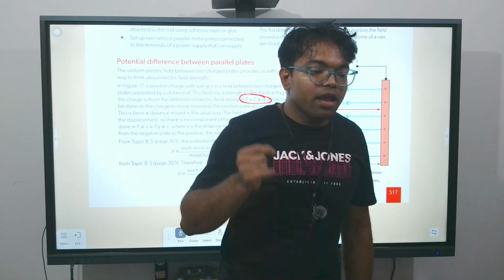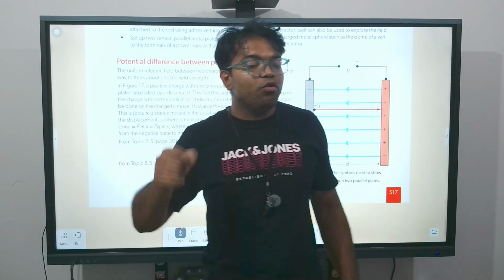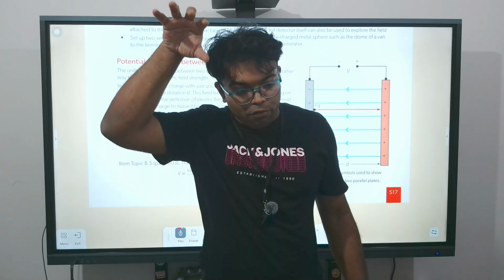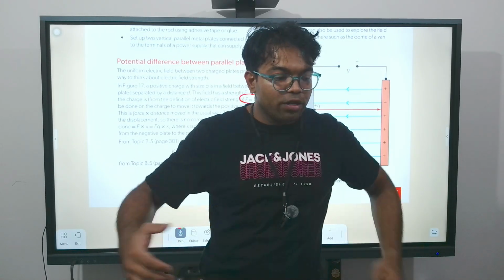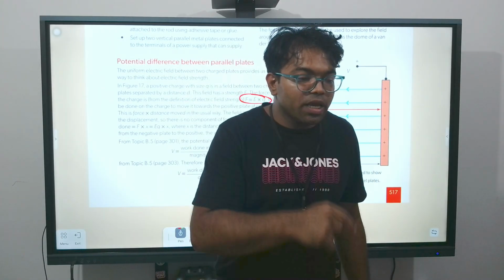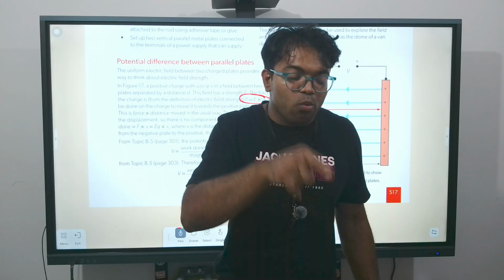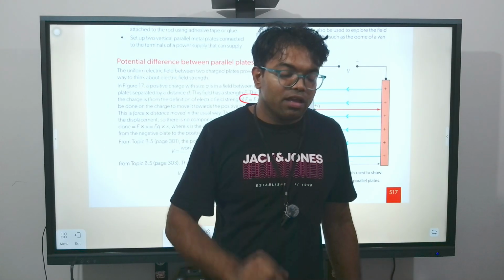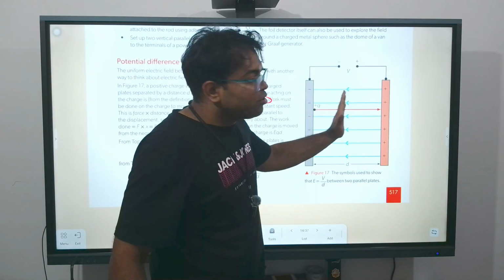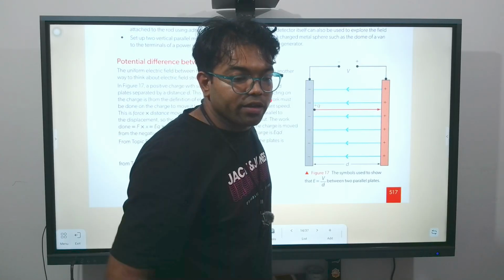Now, Akshay, when do you as the observer have to do work? When you're falling towards the earth or when you're jumping away from the earth? When you move away from the earth, in the direction opposite to that of the field, you have to do work.